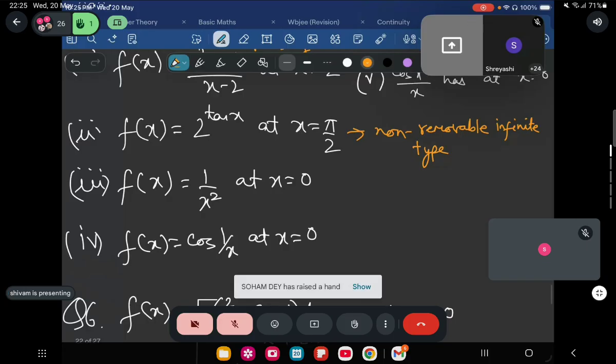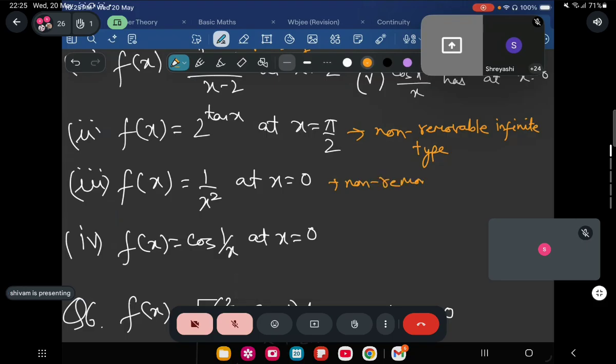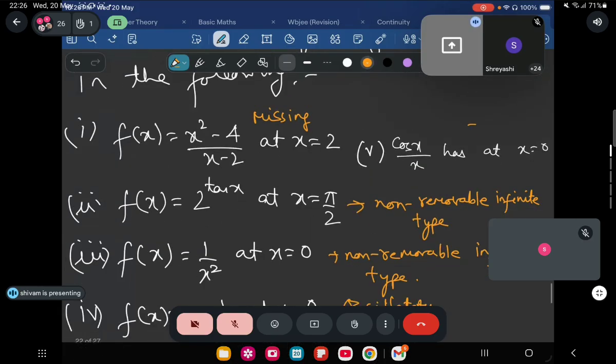Next is non-removable, infinite type. The next one is also non-removable, infinite type. The next one is oscillatory. And the fifth one is non-removable, infinite type.